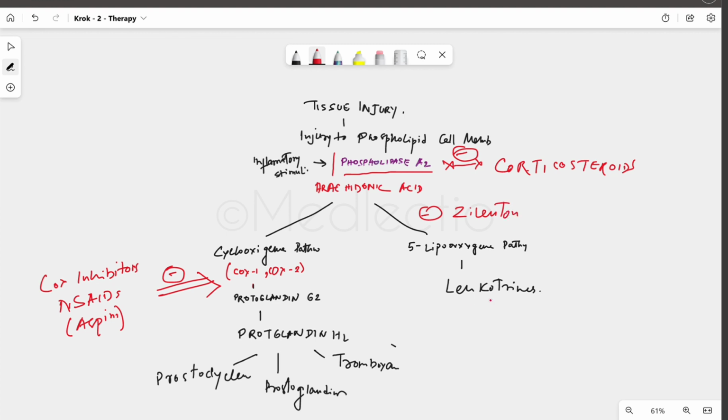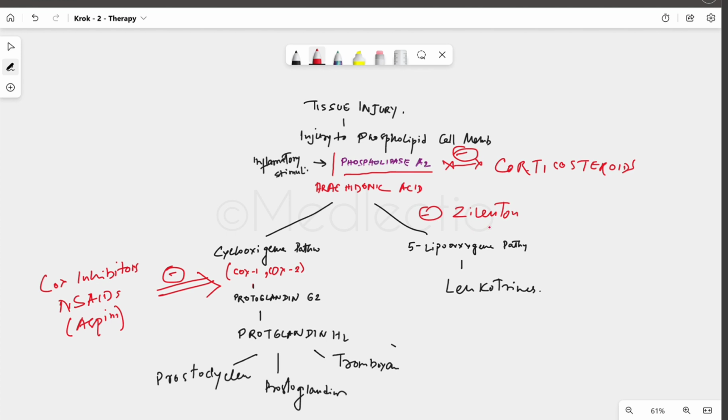Here there is one inhibitor, that is Zileuton. As you know, leukotriene is a mediator which we get in our lungs, and this causes bronchoconstriction, symptoms of coughing and sneezing, and asthma also. So we inhibit it in these cases.